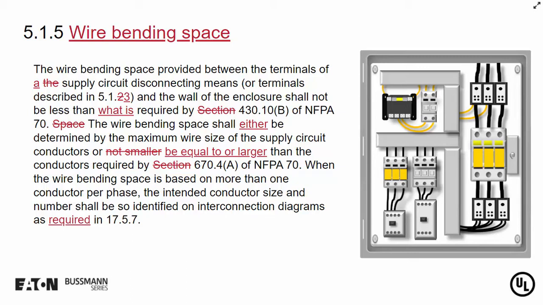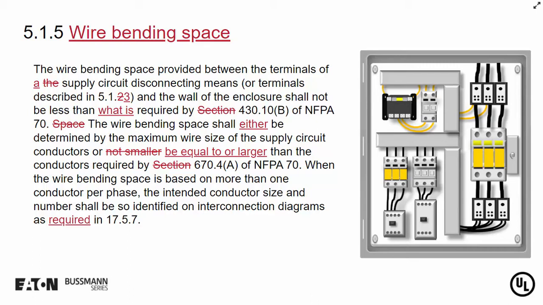The one table basically covers both S-bends and right-angle bends, and the S-bends are the ones that are more difficult to make, and so the wire bending space is more stringent for S-bends, and therefore the table that's being referenced is the more stringent of the 2 tables that are found in the NEC. This particular table that's referenced in Section 430 is harmonized with the wire bending space requirements in 508A, which is the standard for industrial control equipment.